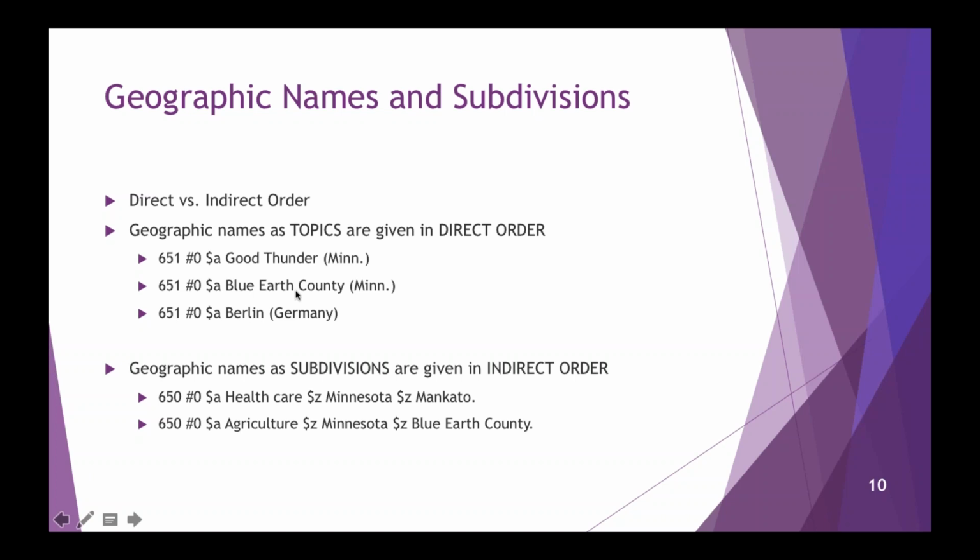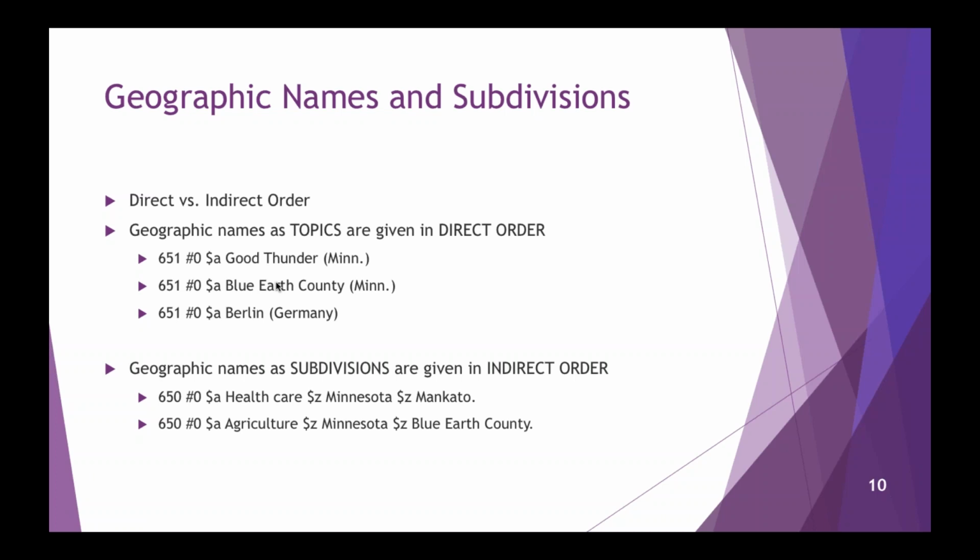Counties are going to be listed like this, so Blue Earth County or Decatur County or whatever county it might be, and again qualified by the state or province. And this holds true for most of our Anglo countries. So you're going to see this for the United Kingdom, for Canada, and a few other places as well.